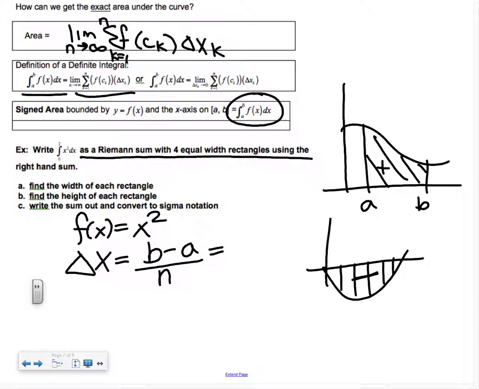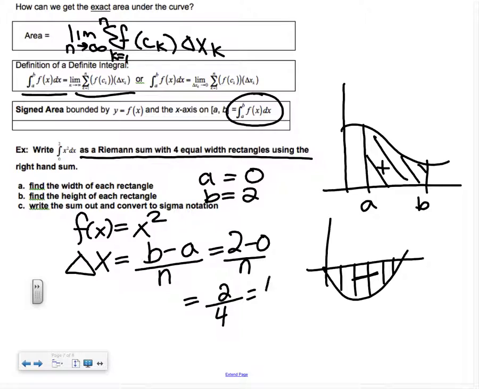So in this case, a is 0 and b is 2, so it would be 2 minus 0 over n. And we're using 4 rectangles, so my n is 4. So it would be 2 over 4, which is 1/2. So my delta x would be 1/2.